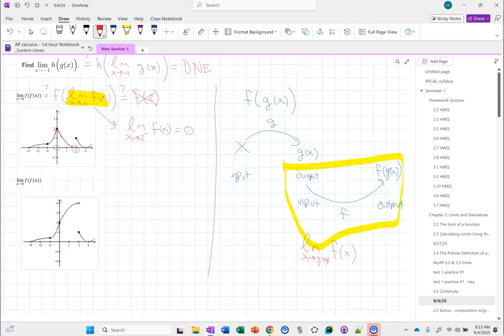Right? So the taking of my g of x and plugging it into f in a limit discussion is the same thing as just taking the limit as x goes to g of x, whatever that number is, of f of x.